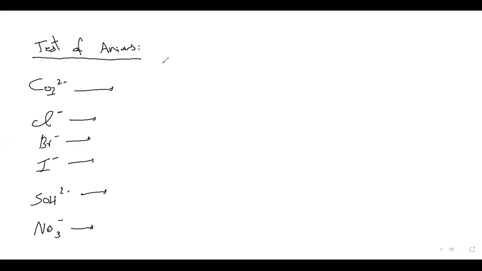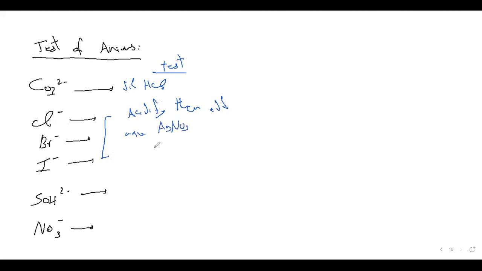The test: in case of carbonate, dilute hydrochloric acid. Chloride, bromide, iodide: acidify, meaning react with acid, then add aqueous silver nitrate or aqueous lead nitrate.